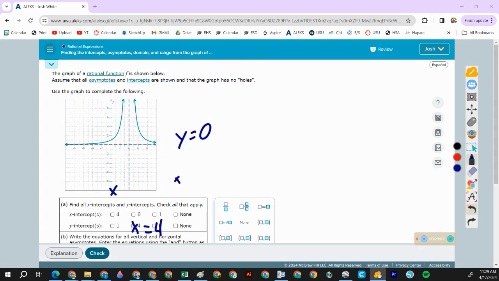So the domain is every possible x value. Which x's are on the graph? So does this x, -2, have a spot on the graph? Yeah, it's right there. Does this one have a spot? Yes. So if I go through and mark all of those, which ones hit the graph? Everything except 4.